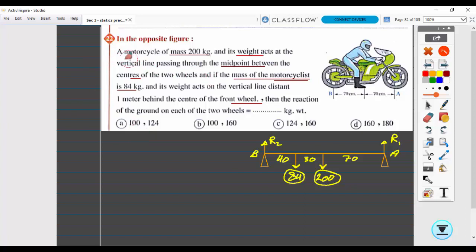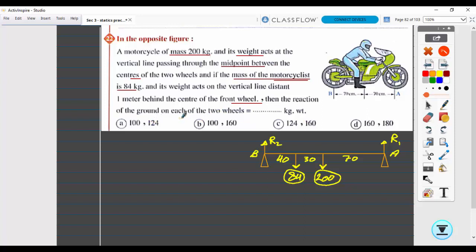Question 22. In the opposite figure, a motorcycle of mass 200 kilogram and its weight acts at the vertical line passing through the midpoint between the centers of the two wheels, and if the mass of the motorcyclist is 84 kilogram and its weight acts on the vertical line distant 1 meter behind the center of the front wheel, then the reaction of the ground on each of the two wheels equals.